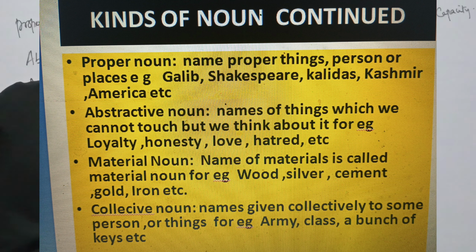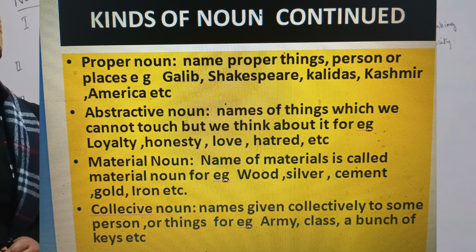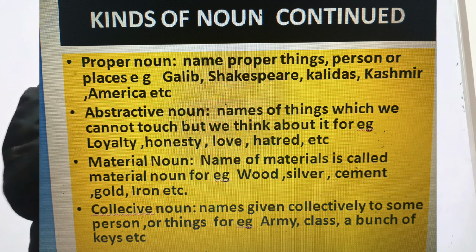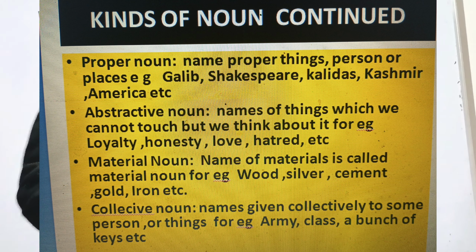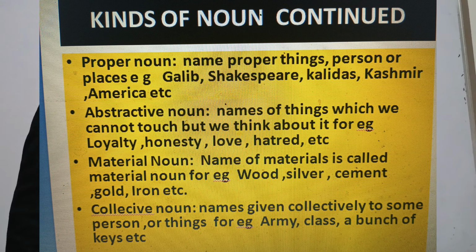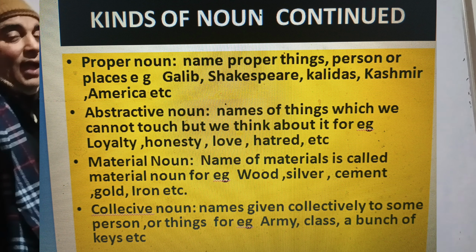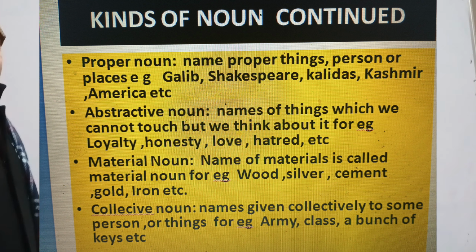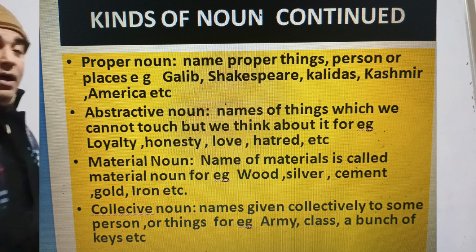For example, army. When you speak of the army, you can't speak of one person. There are hundreds and hundreds of persons in the army, we can say lakhs of people. Collectively given one name, that's called army.